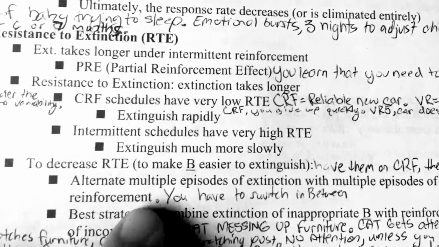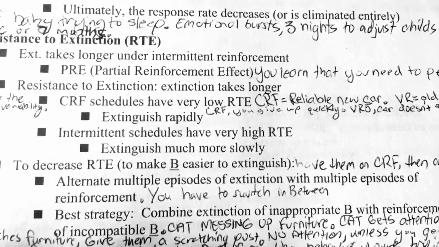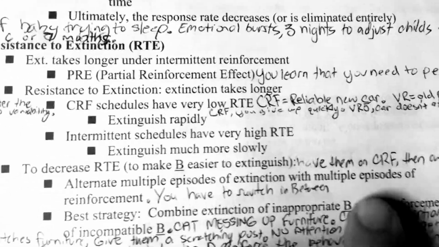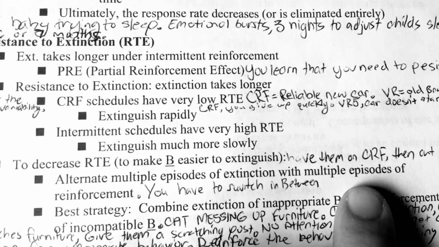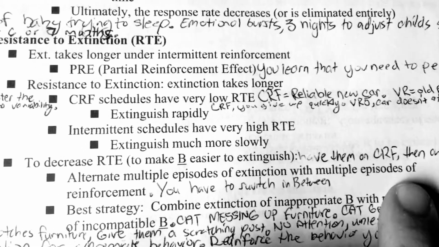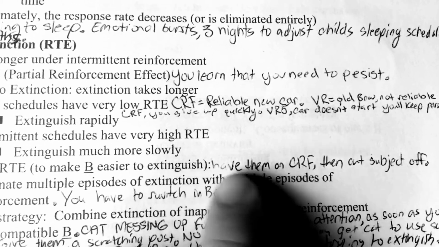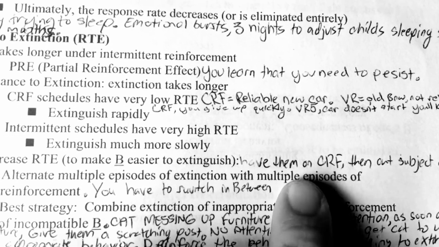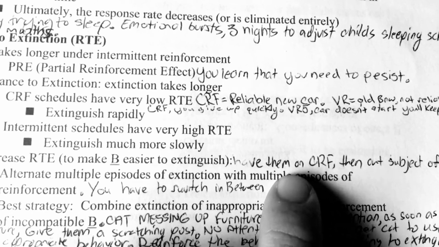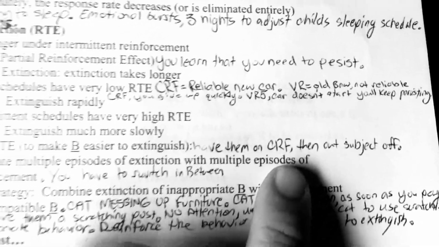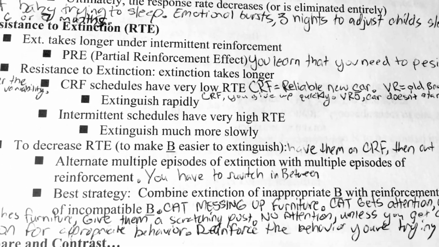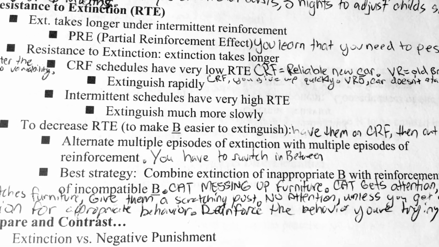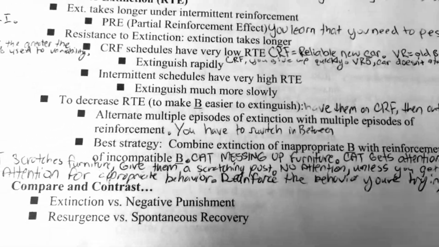To decrease RTE, to make behavior easier to extinguish, you need to set them into a CRF, then cut off the subject. So you want a high consistency, so your subject believes that it's getting what it needs, and then cutting it off, which will be more surprising and more abrupt than the intermittent schedule.